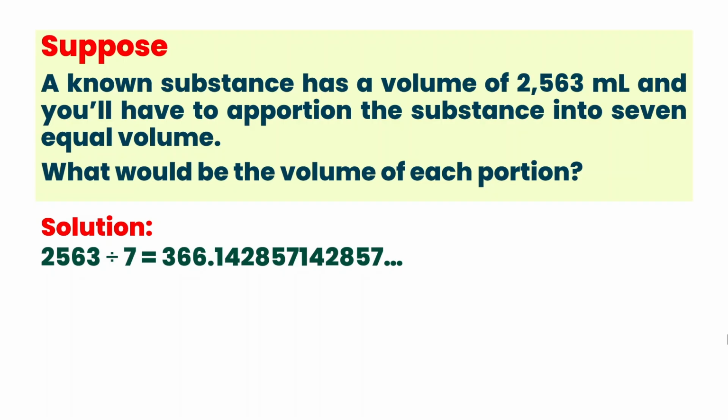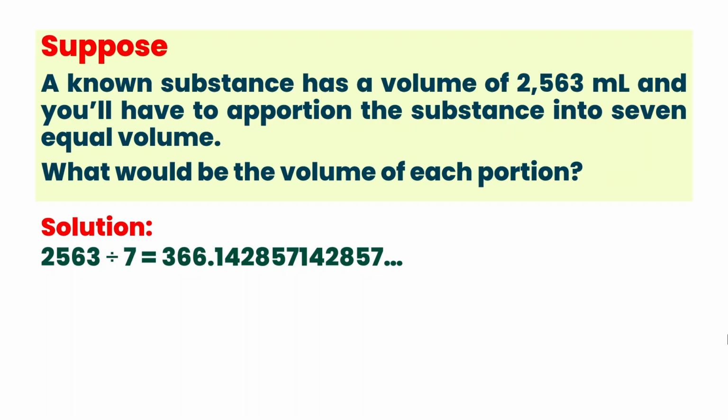So simply, the problem is asking us to divide 2,563 into 7 portions. If you're using your calculator, the value would be 366.142857, 142857, and this repeats to infinity. So what's the better approach to show the answer?